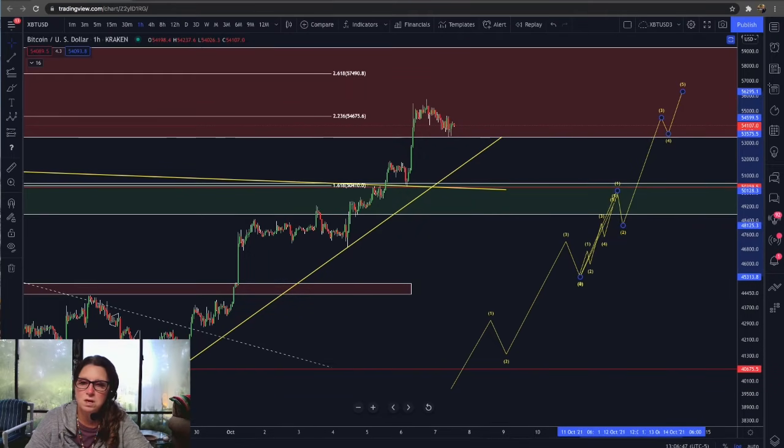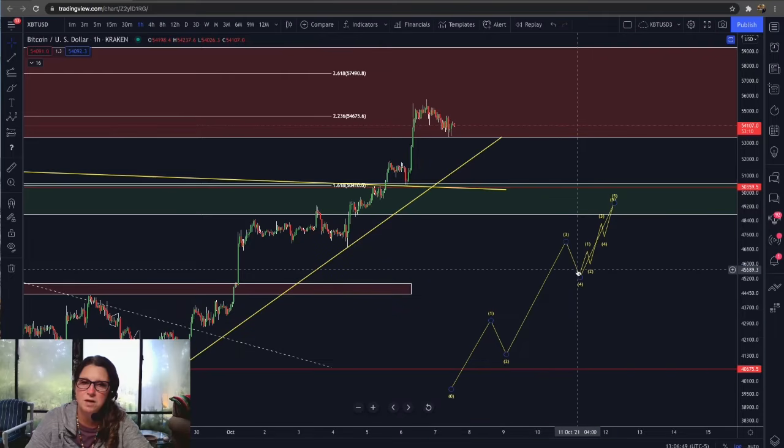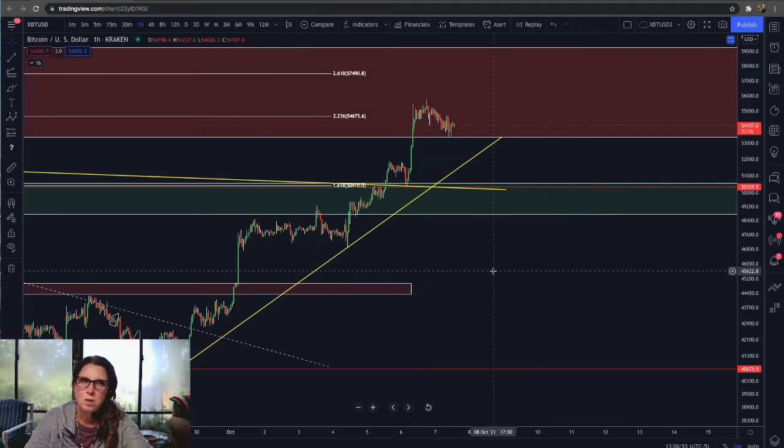What causes them is some type of catalyst, usually. It's usually FOMO, break of a psychological level, break of a trend line, and that's all what happened here. We had this yellow trend line coming down, which got broken, and it was also the psychological level of 50,000.